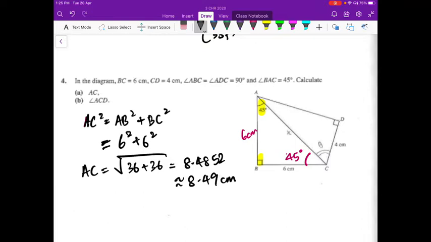Next, angle ACD. Okay, now we focus on the other triangle. It is another right angle triangle.